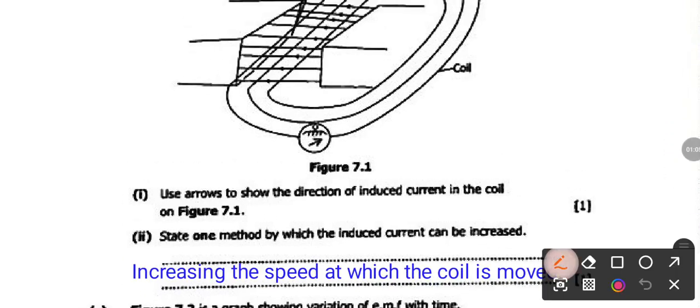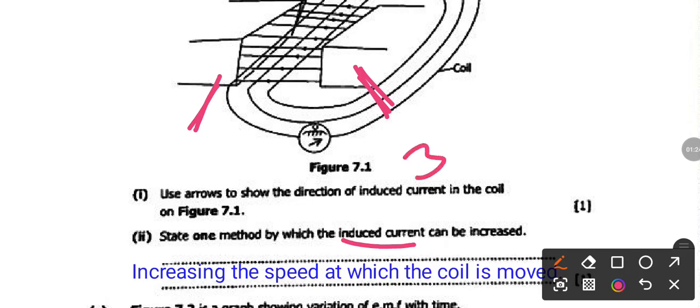Another way we can increase the size of the induced current is by using stronger magnets, because stronger magnets will produce a strong magnetic field.